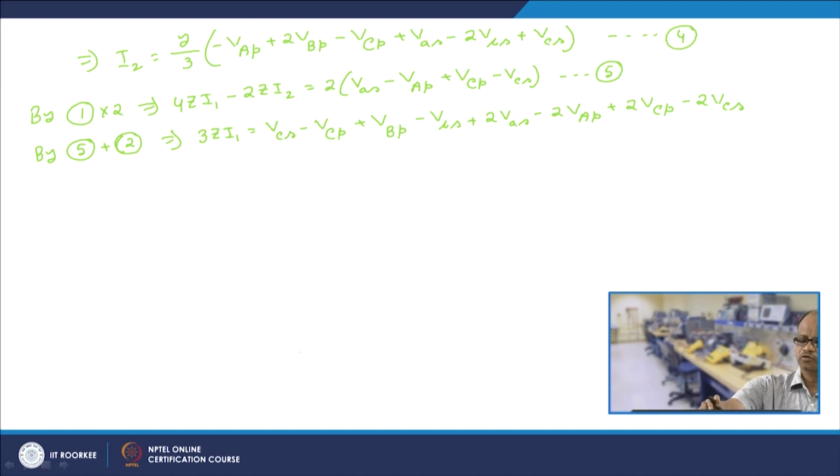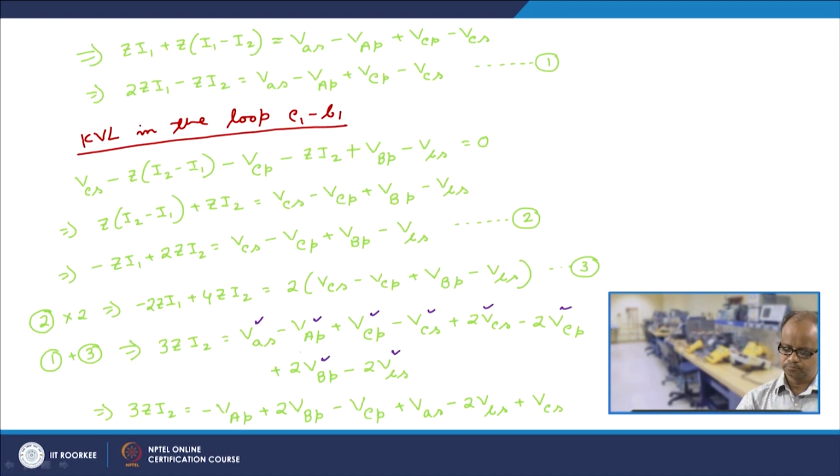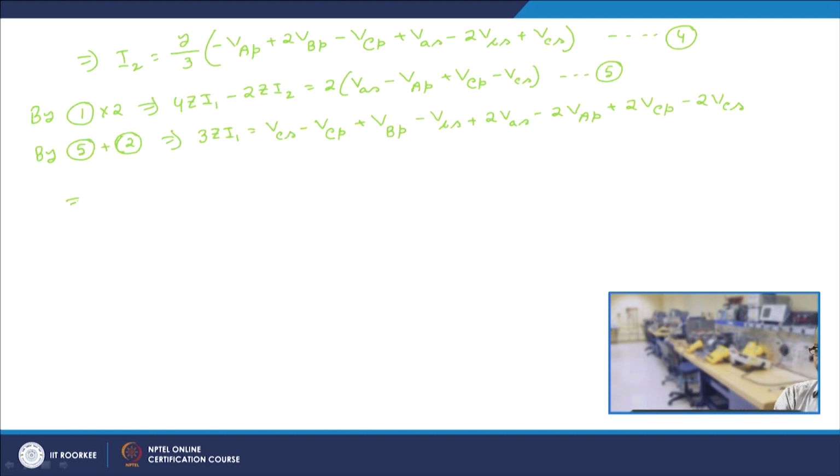So then therefore what we get is 3Z I1, we collect everything.